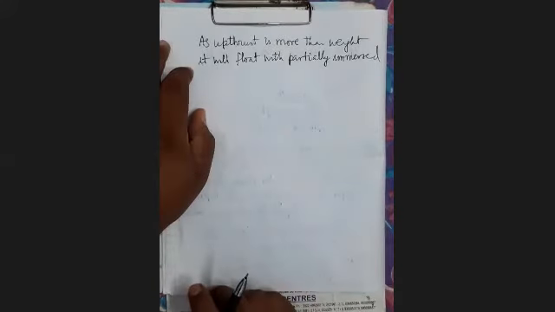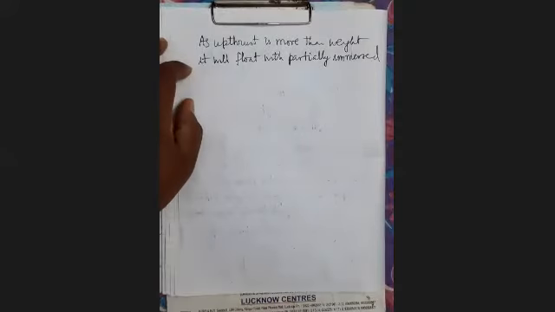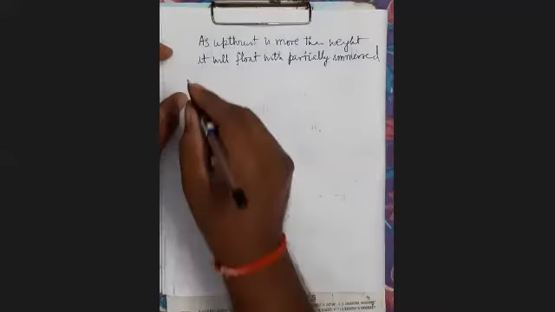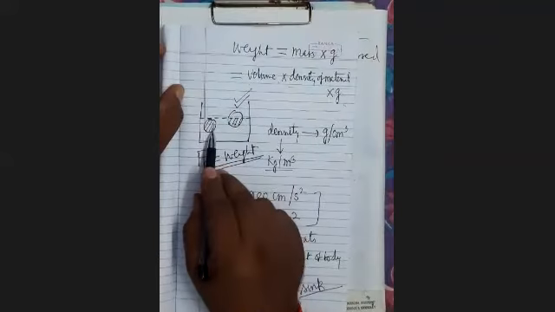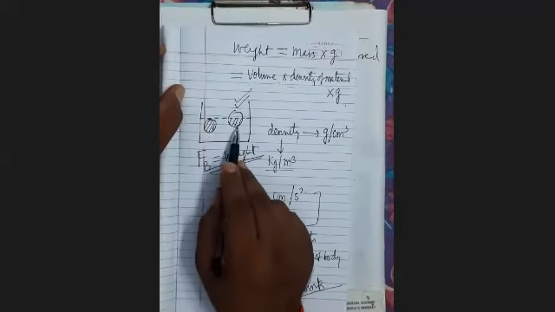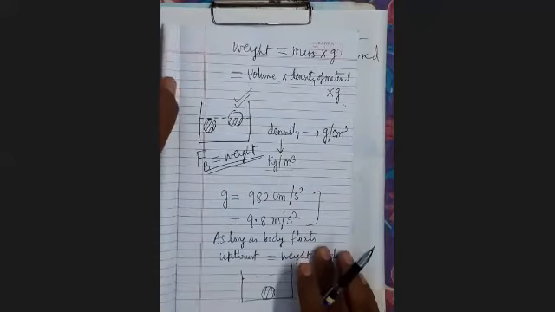Now see here, what will be the upthrust on the block while floating? So that already I have told. Whether body is floating with completely immersed or it is floating with partly immersed, upthrust will be equal to its weight.